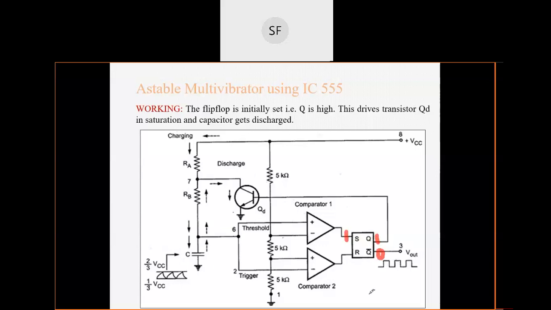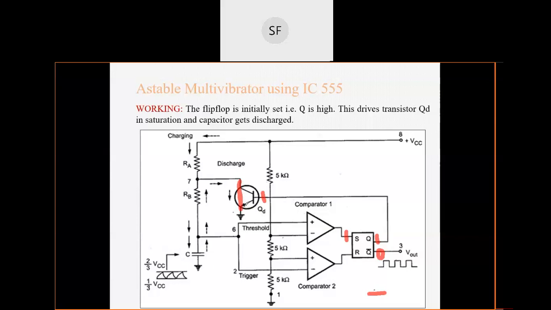So currently we are in the low state. Okay. So now this Q is 1, that is high. So what happens? It will also make the base of this transistor high. So since the base of the transistor is high, this discharge transistor will go into the saturation region, and hence in saturation it will act as a short circuit.